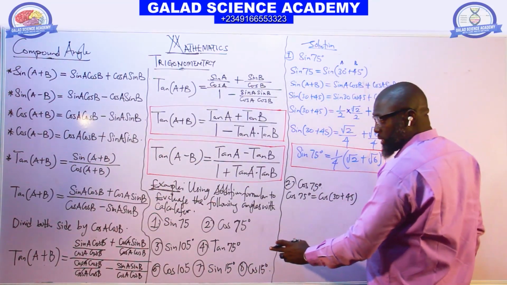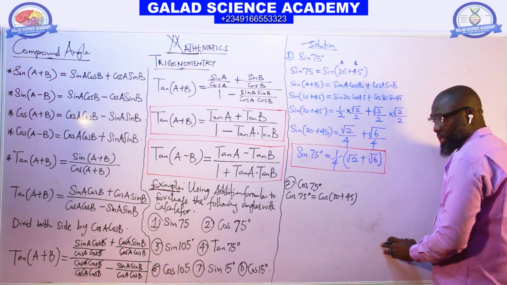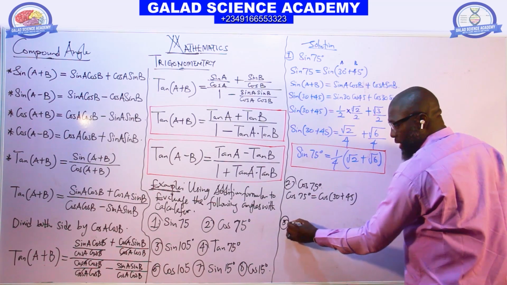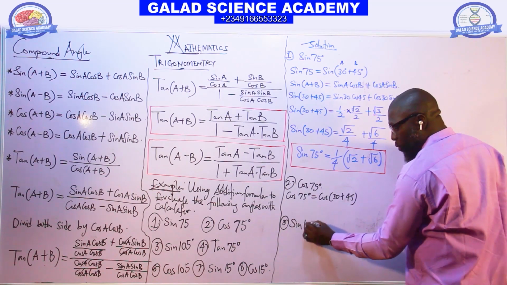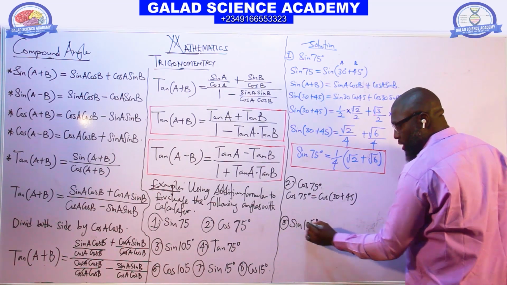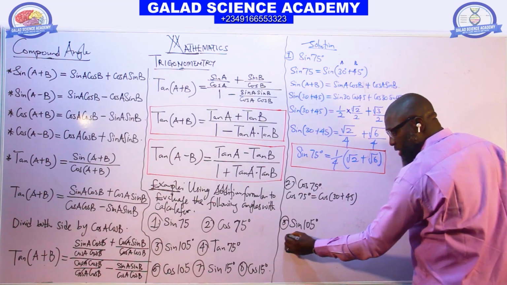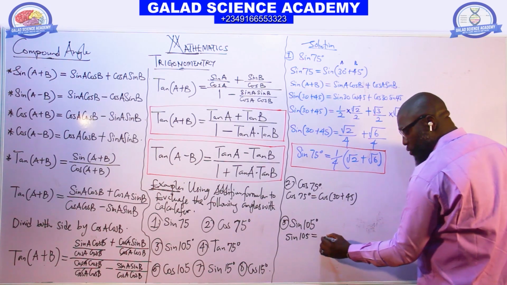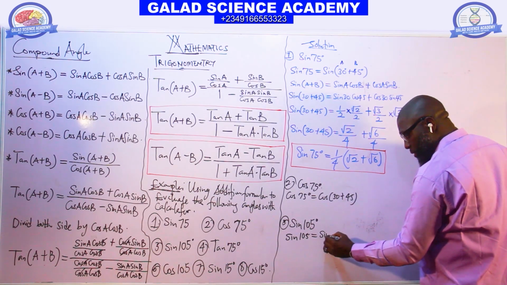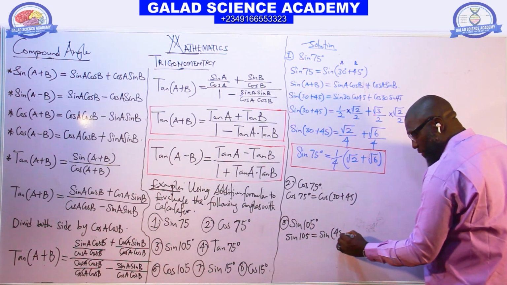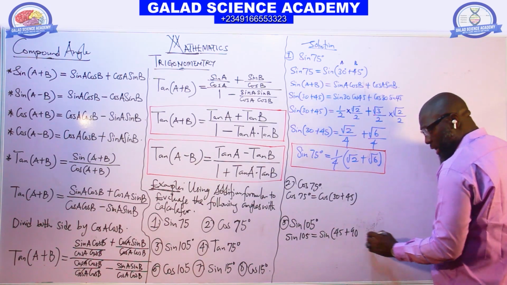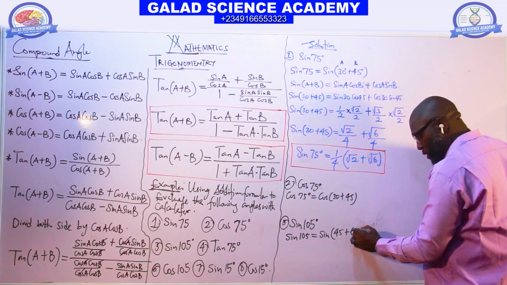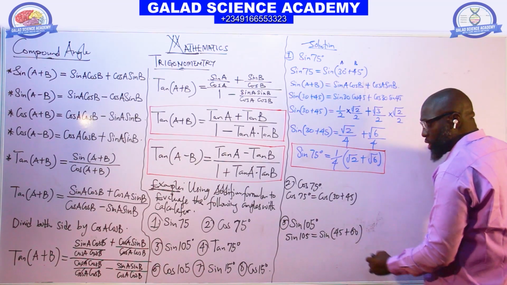So let me check another one, maybe 3, sine 105 degrees. Sine 105 degrees gives us sine of 45 plus 60.